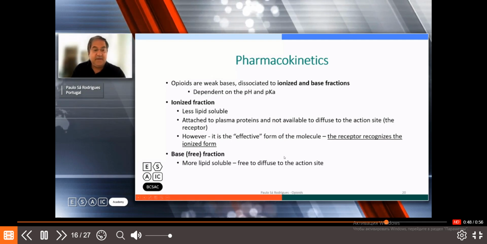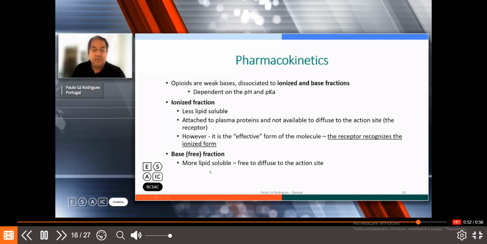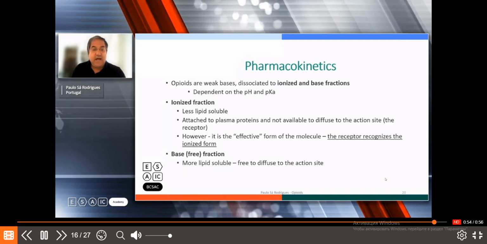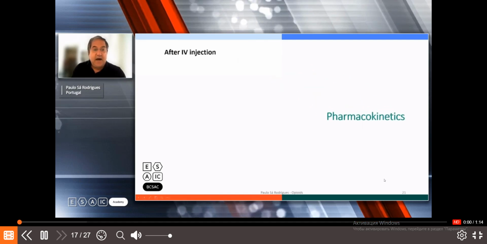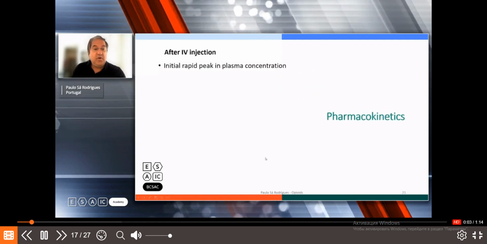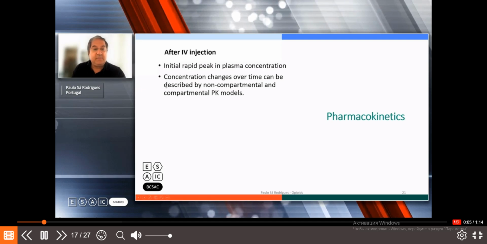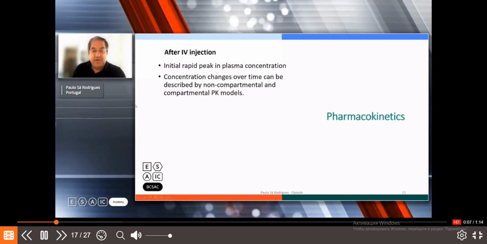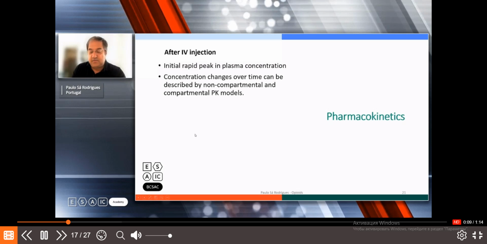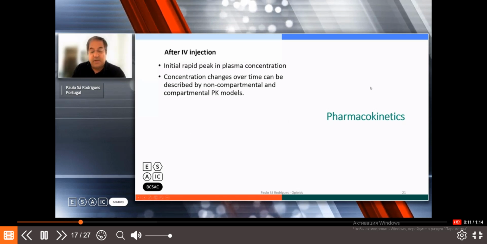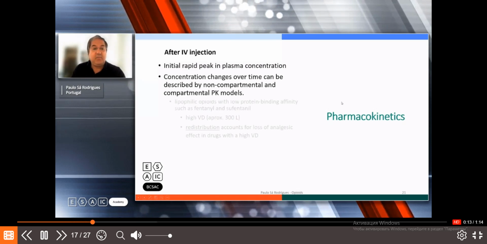and produce its effects. On the contrary, the base-free fraction is more lipid soluble and free to diffuse to the action site. After IV injection of an opioid, you have an initial rapid peak in plasma concentration, and the changes over time can be described by non-compartmental and compartmental pharmacokinetic models.